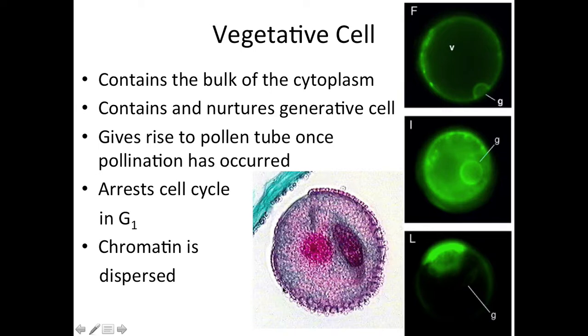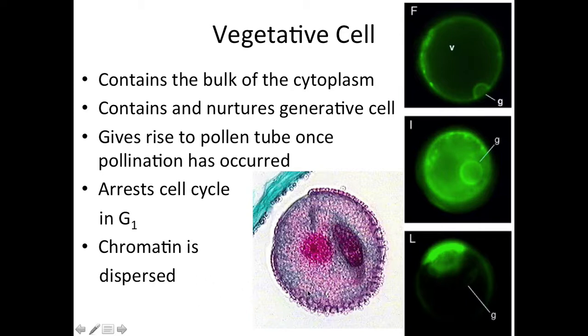And once pollen mitosis 1 has occurred, the vegetative cell becomes arrested in the G1 phase of the cell cycle. It is no longer destined to divide. But it does have to produce many, many molecules.